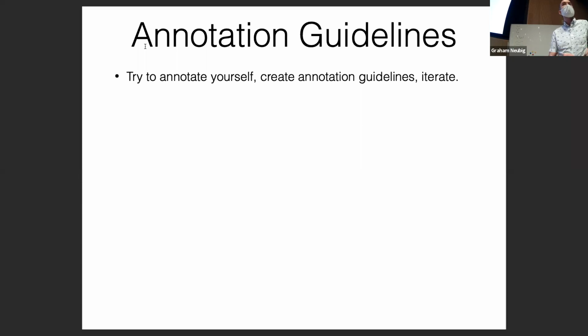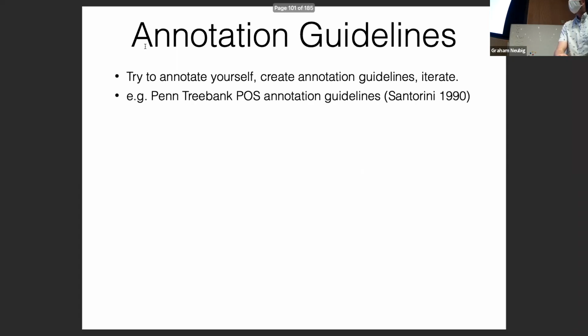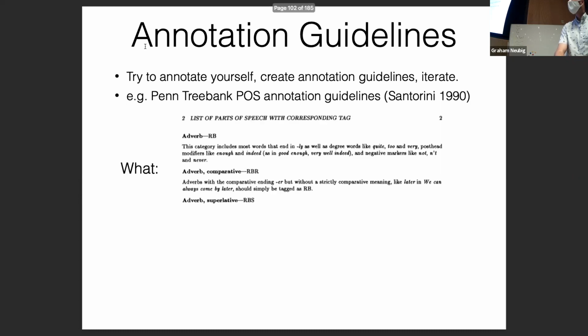If you're doing any sort of data annotation, you can create annotation guidelines and iterate. There's no 100% correct way to do things. There are some good examples. But my suggestion is that you basically start by coming up with a first pass annotation guideline.